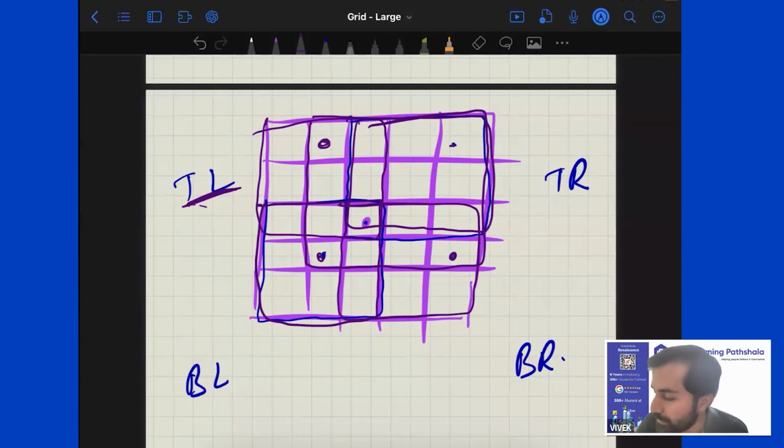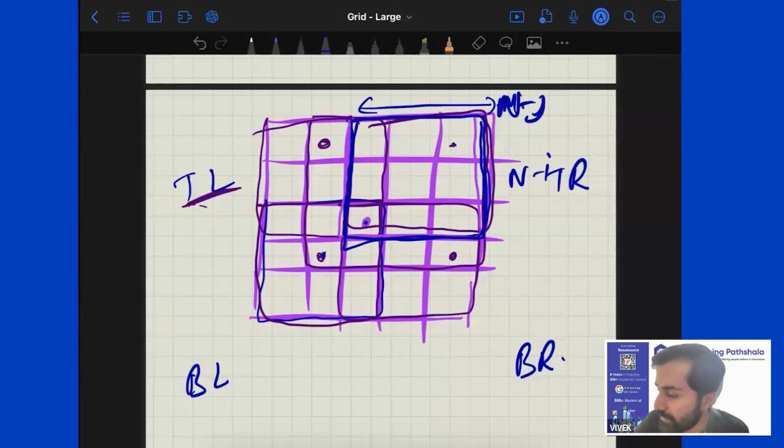Because now, if you are focusing on the top right being in this part, then how many cells are present over here? This dimension will be n minus j, and this will be m minus i. So you will get that the number of choices is m minus i into n minus j.